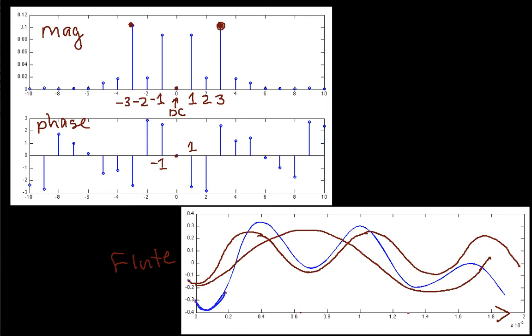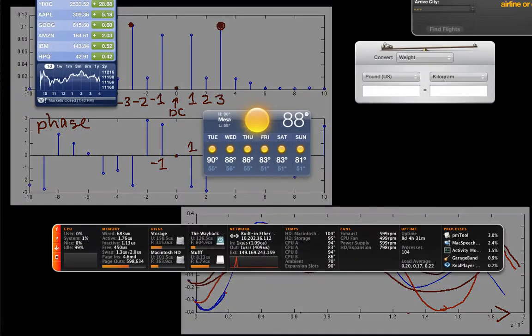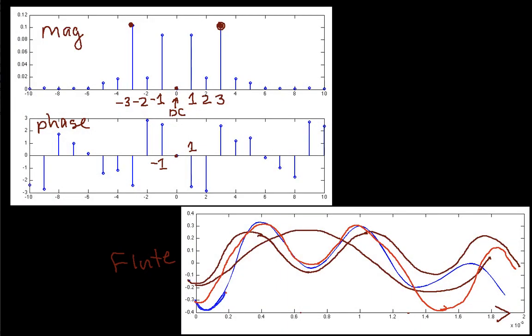This is one of the reasons why we do this on a computer, it's a lot easier to do this sort of thing on a computer. So it might end up looking something like this.